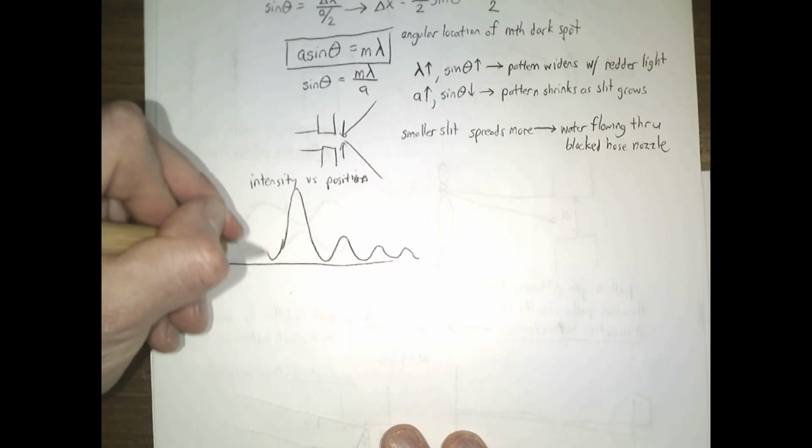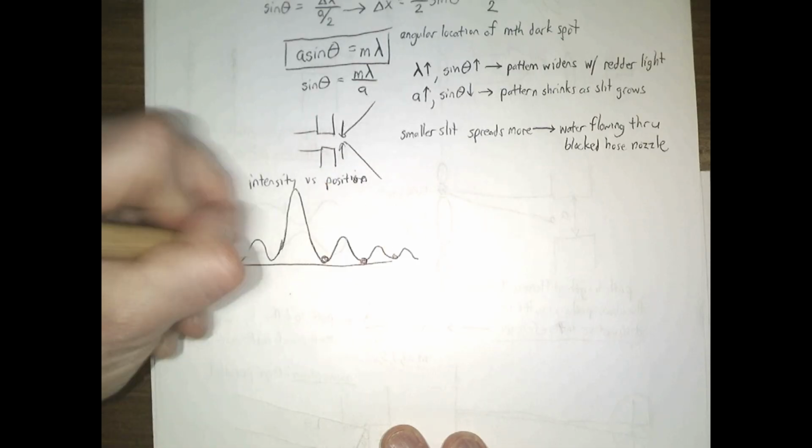It's going to be symmetric on the other side. And these minima here are going to represent the dark spots that the equation finds us. So this would be like m equals 1, our first one on either side. m equals 2 is the second one, and so on. So these are our dark spots.